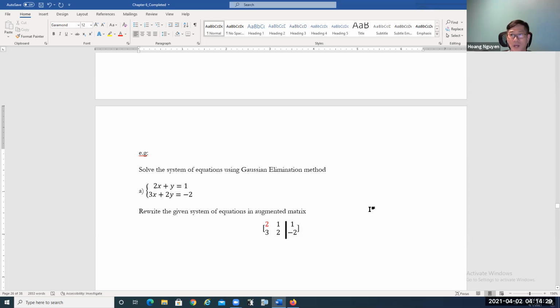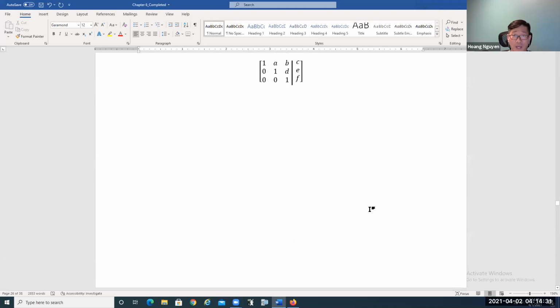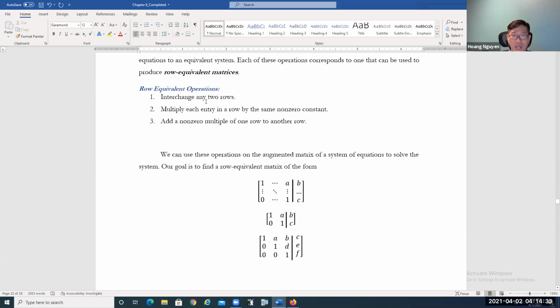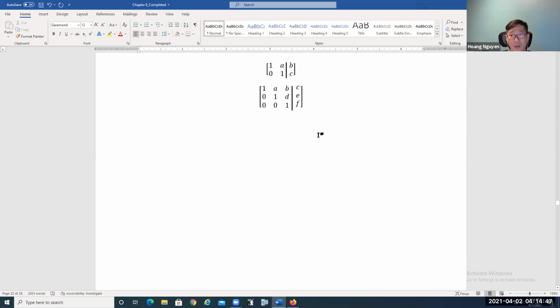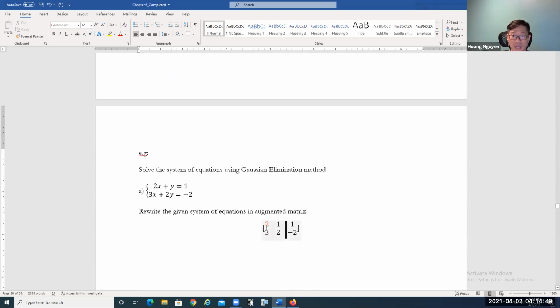You might use one of the row operations that we have earlier. You might interchange any 2 rows. You might multiply each entry in a row by the same non-zero constant. You might add a non-zero multiple of one row to another row. Say which one is going to help you make this first element equal 1.